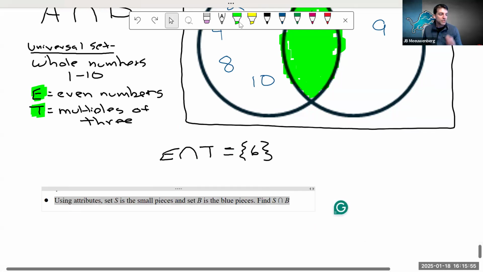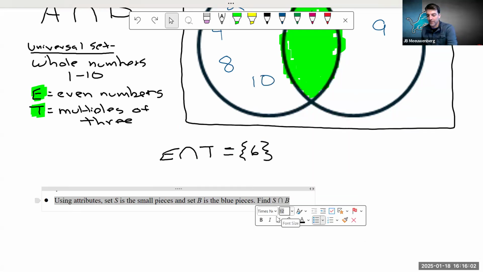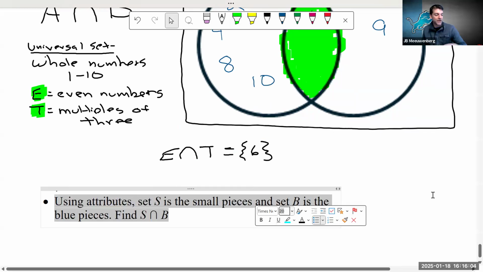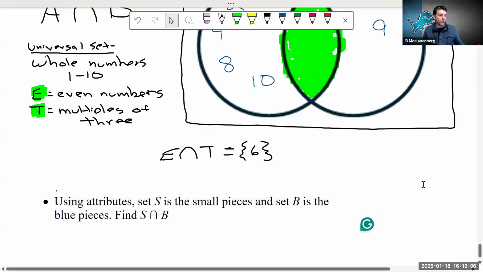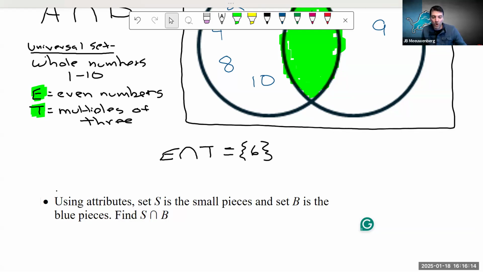And again, use the physical representations so you can see where all of these things are going to exist, okay? Draw your Venn diagram, lay them out on the paper, set S as the small pieces, set B as the blue pieces, and your job is to find this, all right? So go ahead and pause and then come back to the video. I'll keep going.